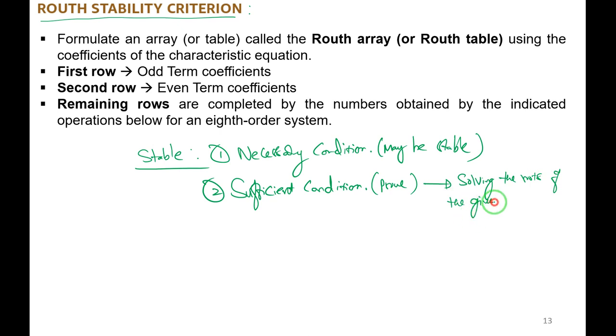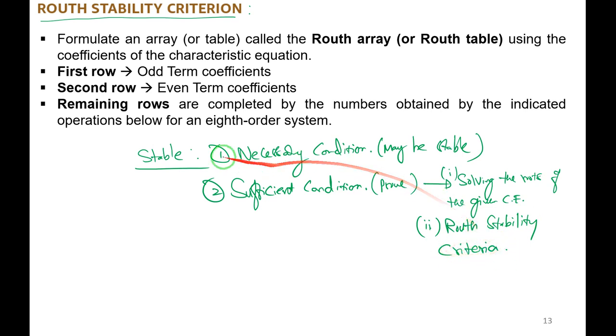Another one is by making use of the Routh stability criterion. Now we are going to study this. Criteria or criterion, right? One and the same. Already solving the roots we have seen. Next we will see the Routh stability criteria.